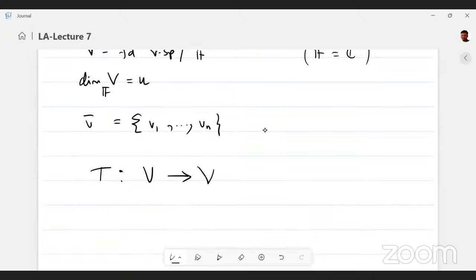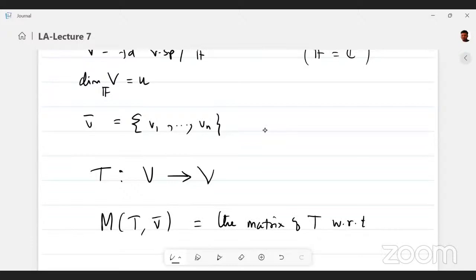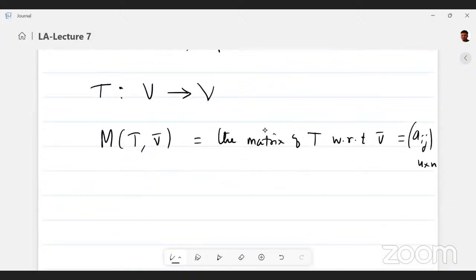Then we define the matrix of T with respect to this basis V bar, which we denoted by M_T(V bar). This is the matrix of T with respect to this fixed basis V bar. Suppose this matrix is (a_ij), which is an n by n matrix. How are the ij-th entries a_ij defined?